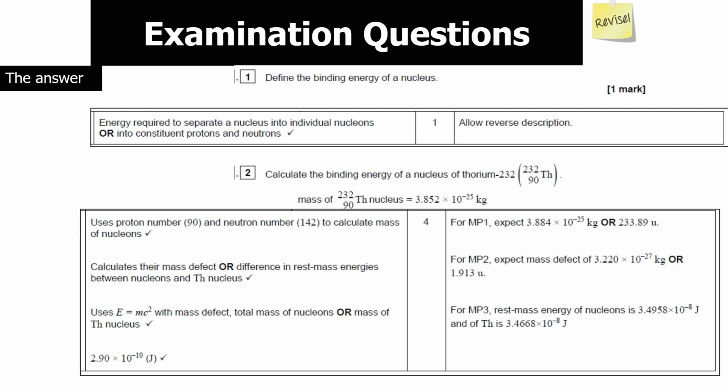You can then find the difference in mass between those two values and the mass of the thorium nucleus, which is given in the question. You've then got your mass defect, and therefore you can turn this into an energy, and now you've got your mass in kilograms, so therefore you can work out your energy by doing E equals mc squared to get 2.9 times 10 to the minus 10 joules.